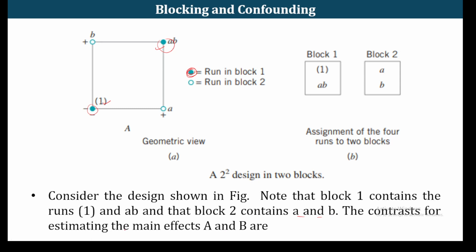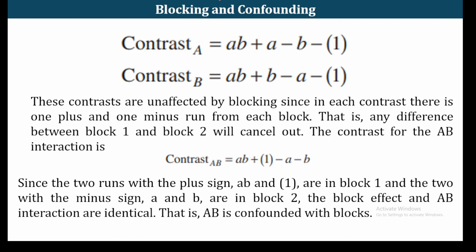The contrast for estimating the main effect of A will be AB, the interaction effect, plus A, minus B, minus the first run. The contrast of B will be AB, the interaction effect, plus B, minus A. So these contrasts are unaffected by blocking, since in each contrast there is one plus and one minus run from each block.